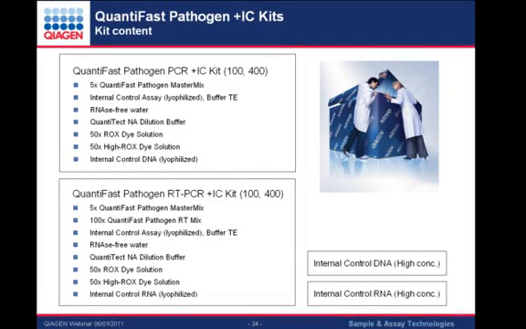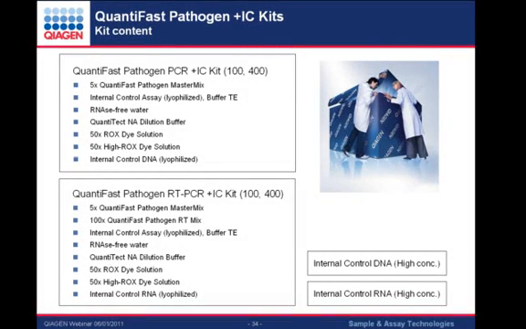The RT-PCR kits, whose content you can see below, additionally contain the QuantiFast Pathogen RT mix for the reverse transcription step. All the user needs to add now is the primer probe mix for the targeted pathogen, which might be a self-designed assay or an assay from literature, and of course sample nucleic acids.